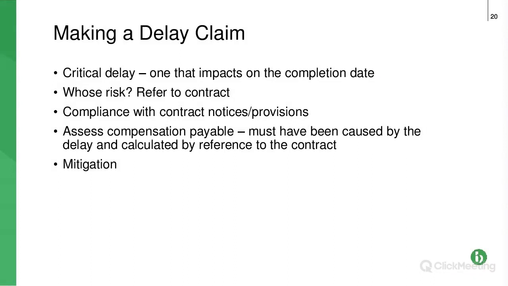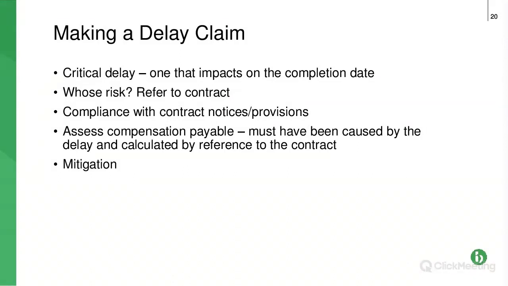Assess the compensation payable is the next one. Again, we're looking at causation here, so it can't just be, the contract price was 3 million, it's cost us 3.5, we expected to make $500,000 profit, so we've been paid 3 million, so the claim's 4, to take account of the extra $500,000 profit and the $500,000 overrun. It's not that simple.